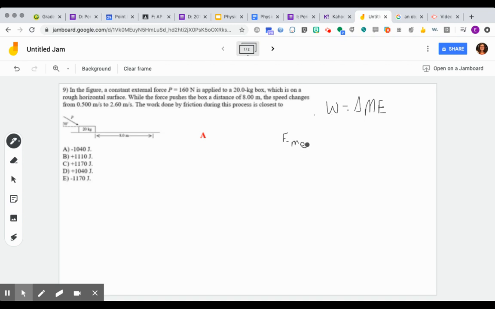What makes up mechanical energy? Potential energy plus kinetic energy. Right, so potential plus kinetic. It could be spring potential, it could be gravitational potential, or just kinetic.